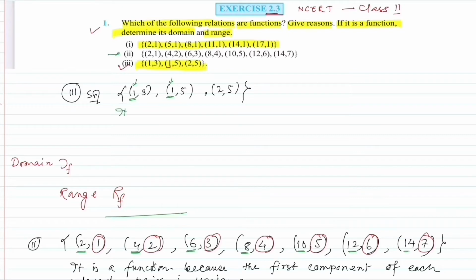That's why it is not a function, because (1, 3) and (1, 5) have the same first component.